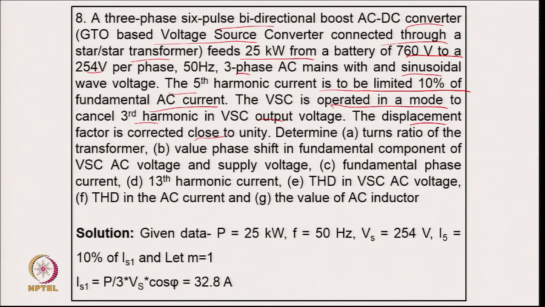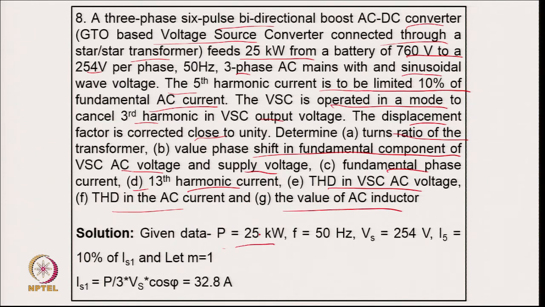So, the displacement factor is close to unity. Determine A, the turns ratio of the transformer; B, the value of phase shift of the fundamental and AC fundamental component of VSC AC voltage and supply voltage; C, the fundamental phase current and 13th harmonic; E, the TAD in AC voltage; F, the TAD of AC mains current; and G, the value of the inductor.